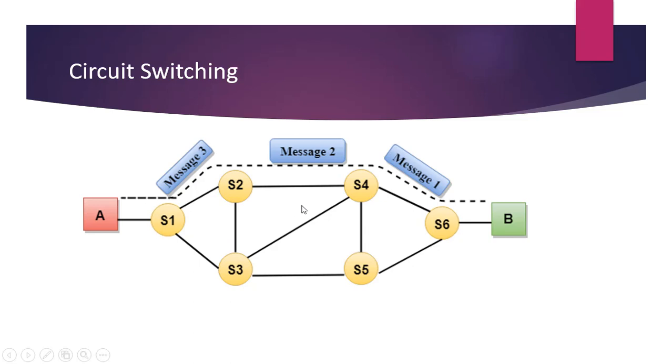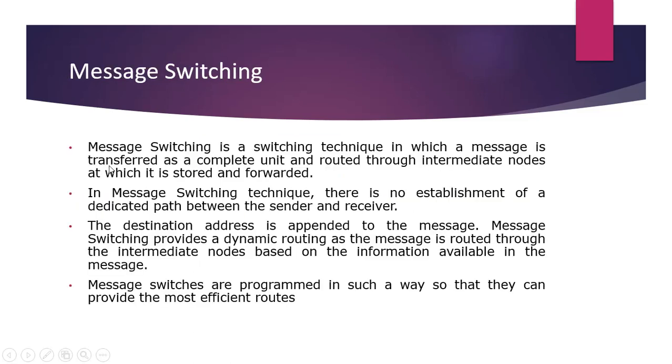Now the next is message switching. Message switching is a switching technique in which a message is transferred as a complete unit and routed through intermediate nodes at which it is stored and forwarded. So basically this is the store and forward mechanism, where the whole information is taken and transferred to the next free router.